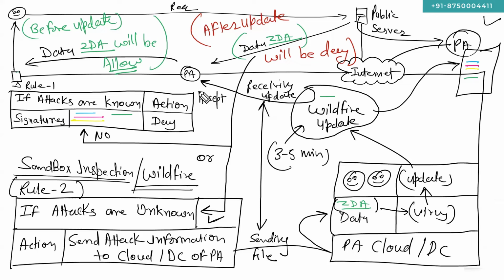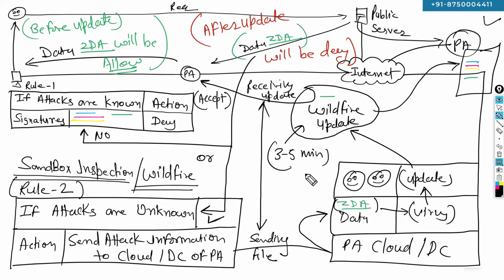Now the firewall will accept the update and add the update in the database. Now the firewall will start protecting you according to the update. Got it or not? So sandbox inspection is WildFire and WildFire is sandbox inspection.